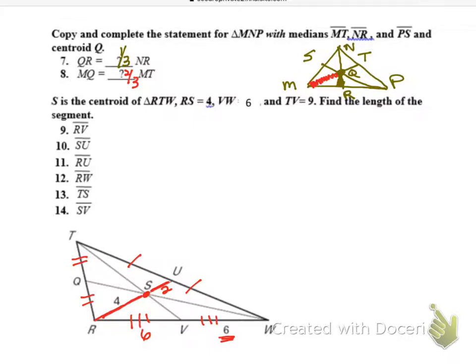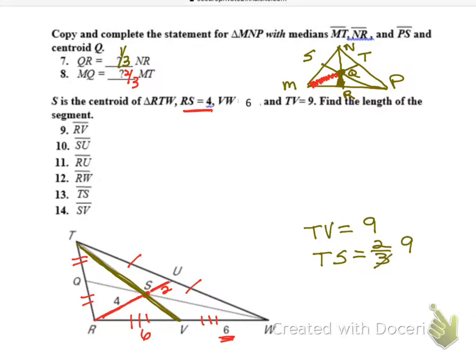Okay, so now let's look up here. They have given us some information. RS is 4. That's already on there. What else do I know? And VW is 6. Okay, that's already on there. And TV is 9. So if this whole piece is 9, I can do some math. Okay, so if TV equals 9, then TS equals 2/3 of 9.